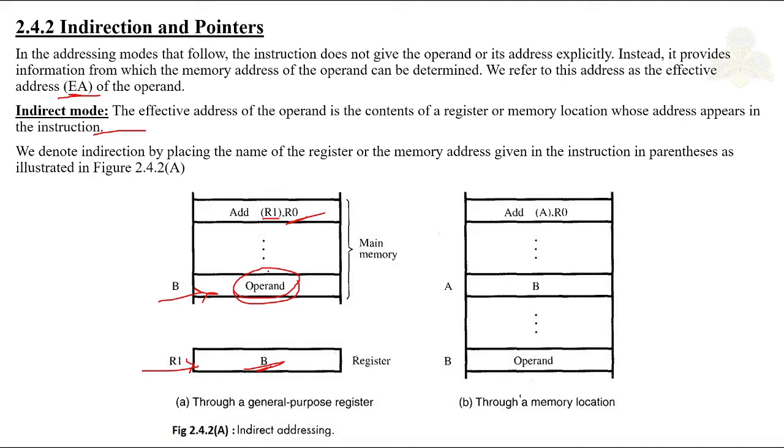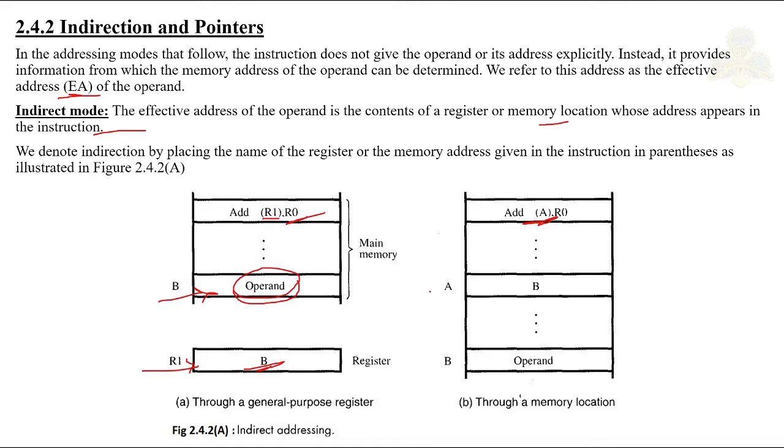Getting it? Now, we will take another example wherein the effective address of the operand is a memory location. Here, add (A), R0. A is in parenthesis. This tells the processor that this is an indirect addressing mode. Now what does the processor do?